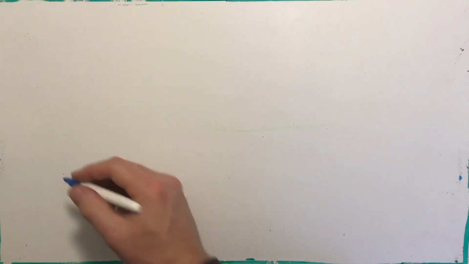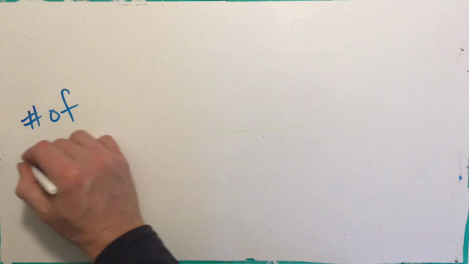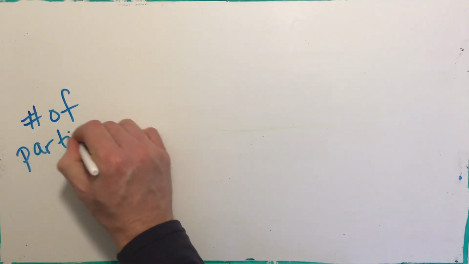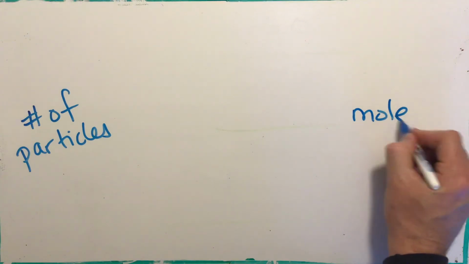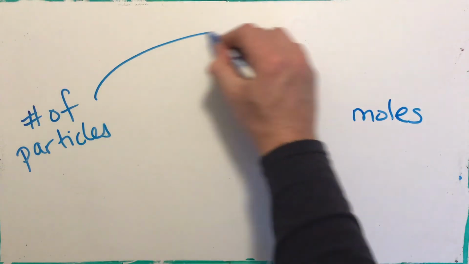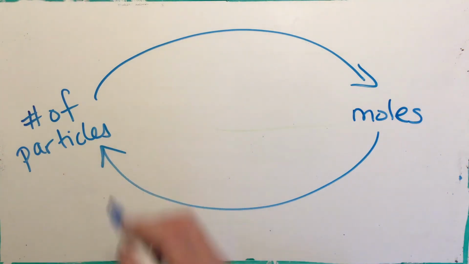I'm going to write out that thing for you so you can get it down in your notes. I would write this on the back of the periodic table that I'm using for all of my chemistry stuff. So we had number of particles, and then we had moles, right? I'm going to do this with the conversion factor in the middle.